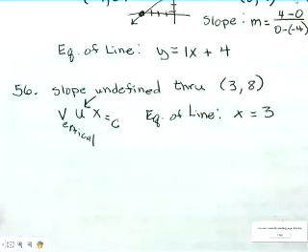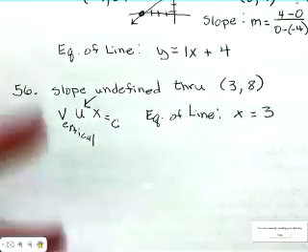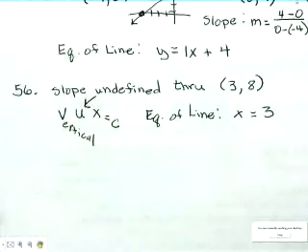If on the test you just put the number 3, that's not an equation of a line. I don't know if you mean the line x equals 3 or the line y equals 3 or the balance in my checkbook right now. So if you want to give the equation of the line, you have to give an equation.